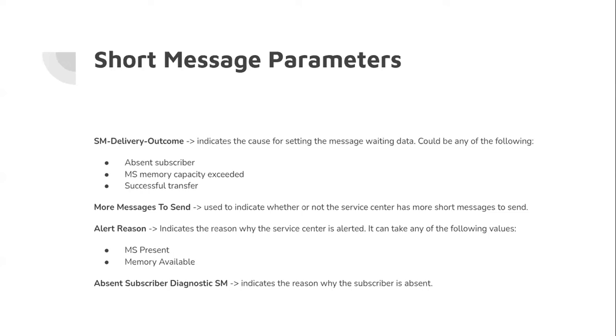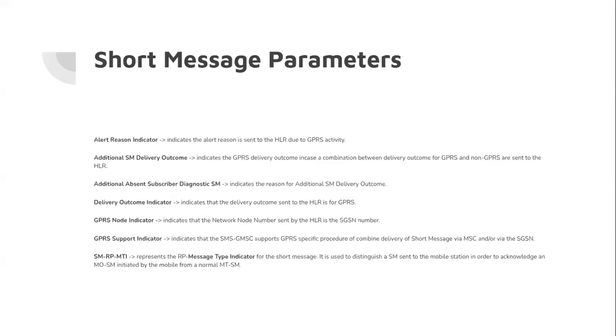Another parameter is the absent subscriber diagnostic SM, which indicates the reason why the subscriber is absent. Then we have the alert reason indicator. This one indicates the alert reason is sent to the HLR due to GPRS activity. And also we have the additional SM delivery outcome. It indicates the GPRS delivery outcome in case a combination of delivery outcomes for GPRS and non-GPRS are sent to the HLR.